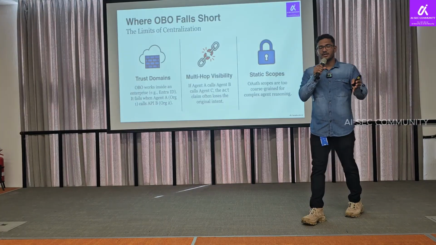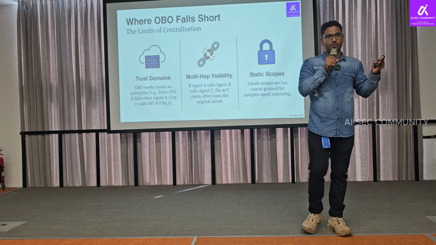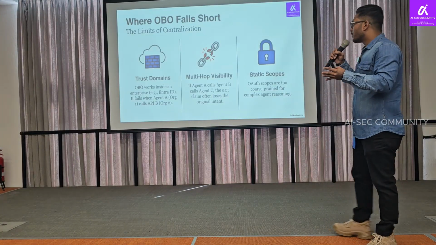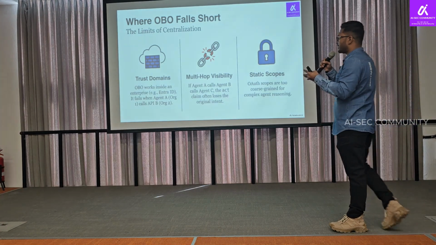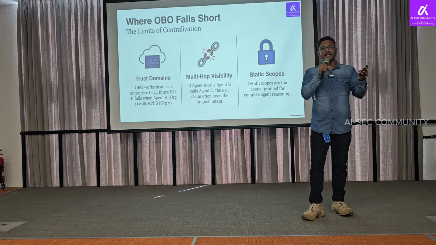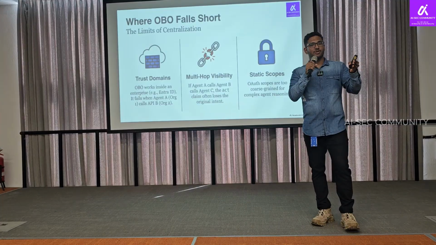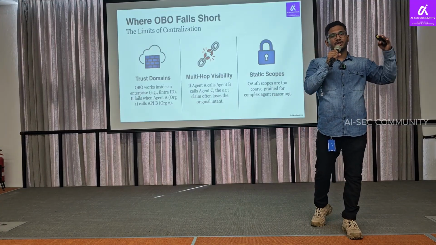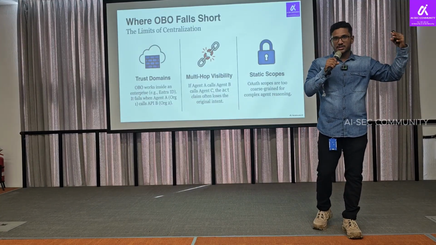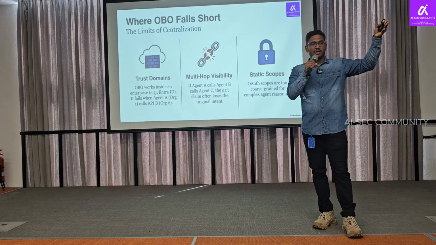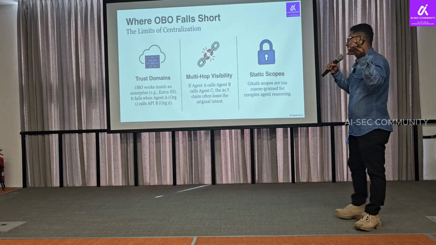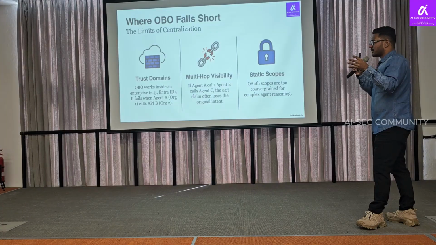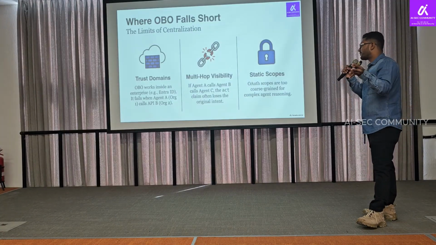So there are certain limitations of the OAuth on-behalf-of flow, where for example, OBO works inside an enterprise. For example, you might want to communicate with an API or an agent that is residing in another org, right? How do you do that? That's not possible with OBO. And then multi-hop visibility.